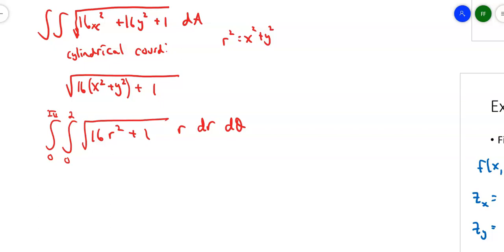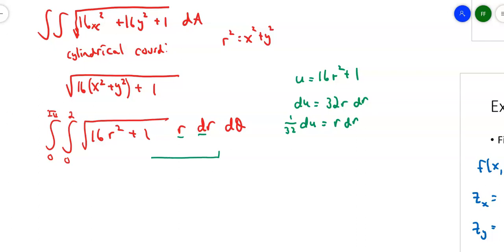U substitution. So let's let u be what's underneath that radical, 16r squared plus 1, which makes my du 32r dr. Well, I only want a 1r dr. So as funny as this looks, I'm going to write 1/32 du equals r dr. All right, so what I'm focusing on right now are those inside limits of integration.